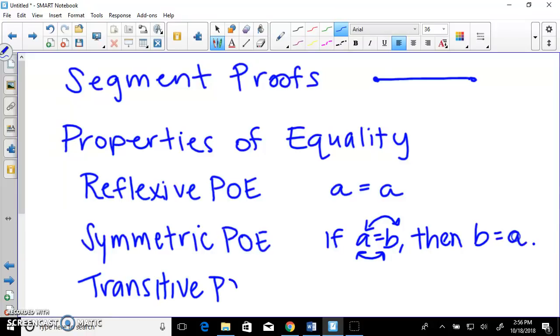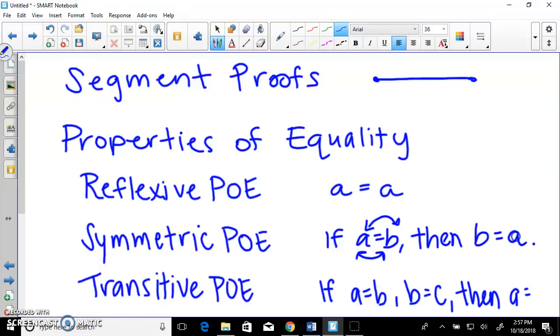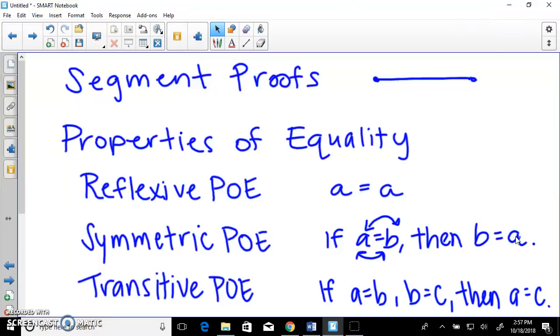The transitive property of equality says this: if I know that A equals B and B equals C, then A is equal to C. So those are our properties of equality.